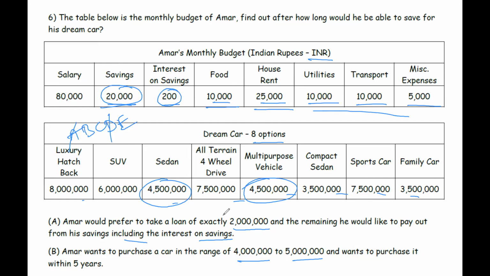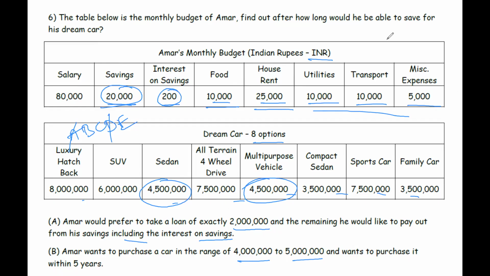But then we don't know from statement B how long he would be able to save for his dream car. From the second statement alone, we cannot figure out whether he's using only the savings component or the interest on the savings component as well. If that was the case, then we could have got the answer.